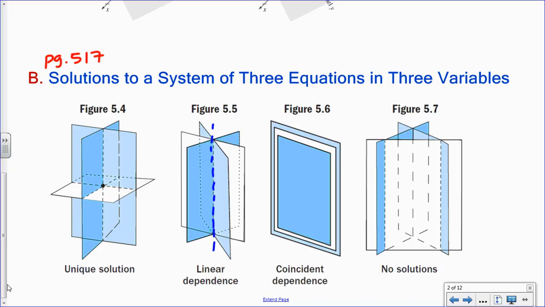All right, so that's just the visualization. That's what they look like when you graph them, or just what their solutions look like.